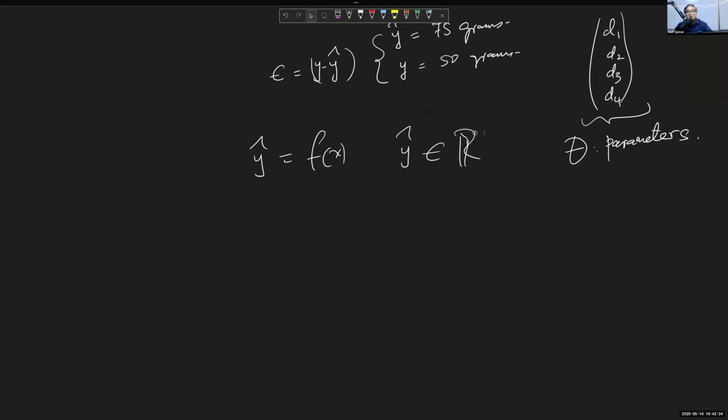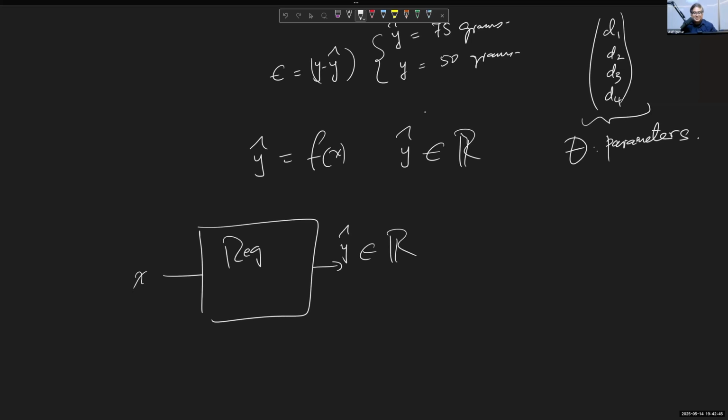So that is the concept. A machine that, given X, produces a Y hat which happens to be a number, is called regression. By the way, this R with the unnecessary bar that you see here is a mathematician's way of saying a real number, a number that takes value from minus infinity to plus infinity. It need not be in that range.